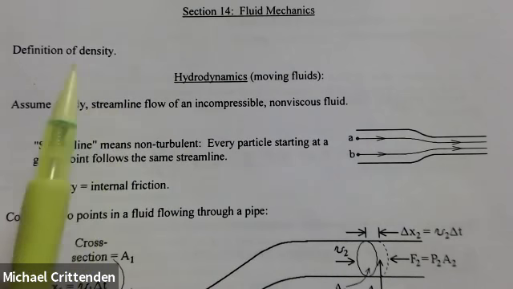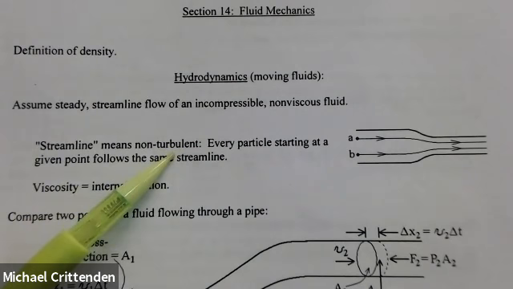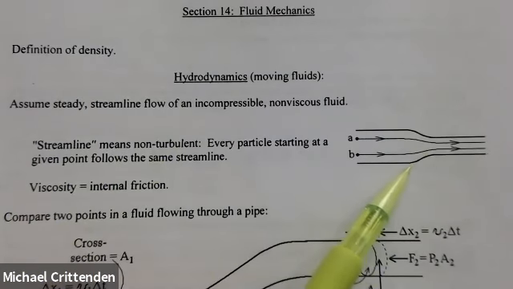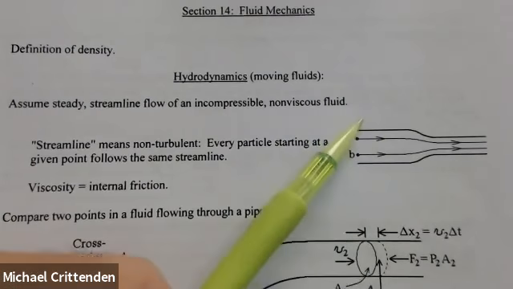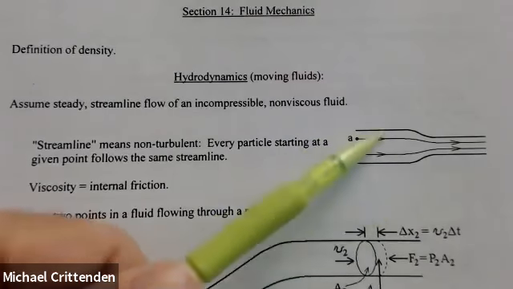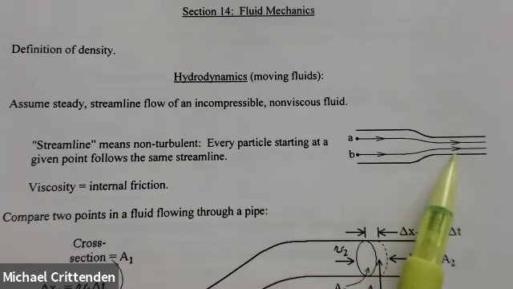Streamline. There are two basic types of fluid flow. Streamline means non-turbulent fluid flow. This is supposed to be a cross-sectional view of a pipe. So maybe you've got a 1-inch diameter pipe here, and then there's like a reducing coupling, and then there's a 1/2-inch pipe going off to the right there.